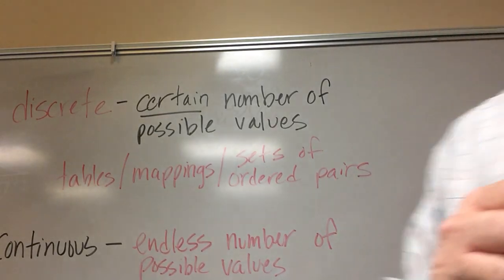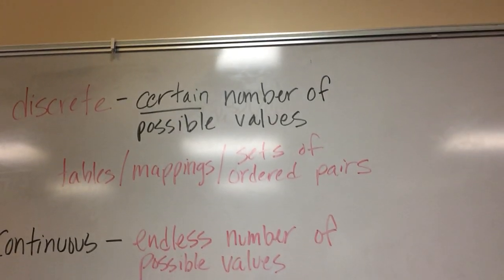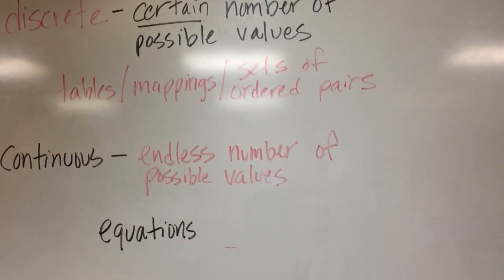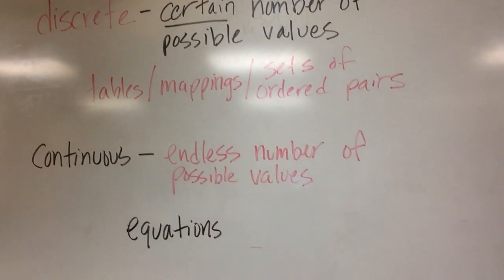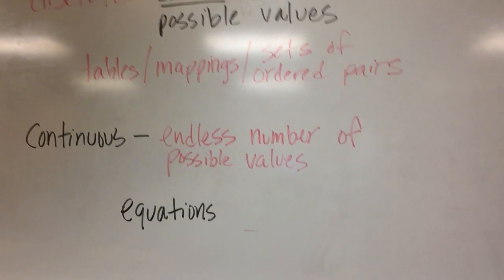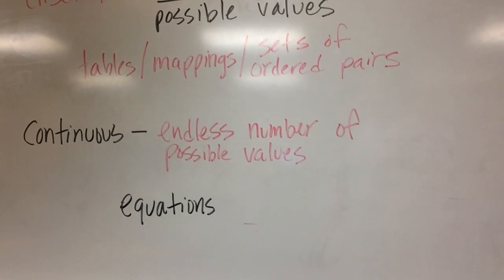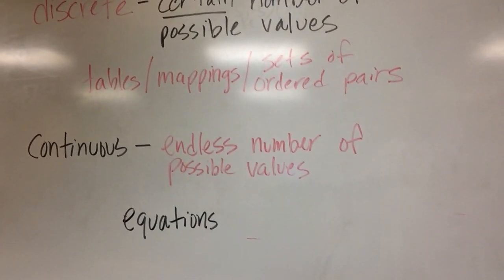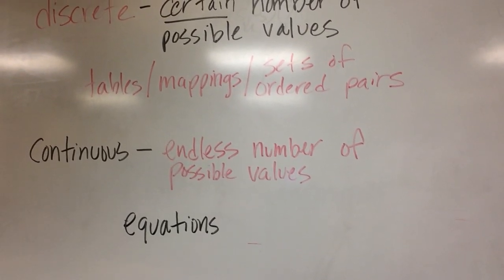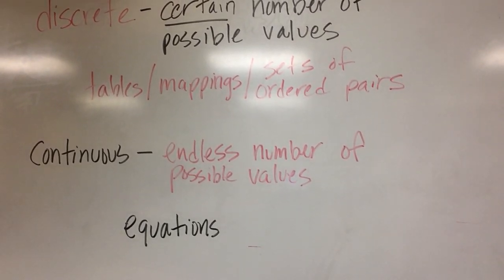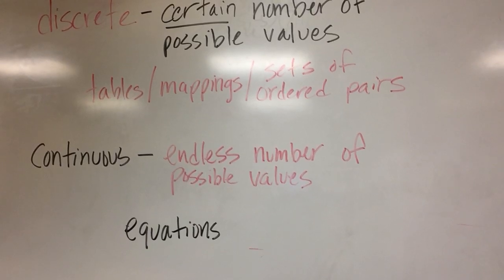For continuous, a continuous relationship or function has an endless number of possibilities. And we're going to find this in equations.